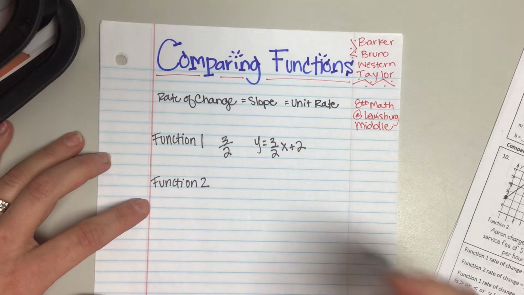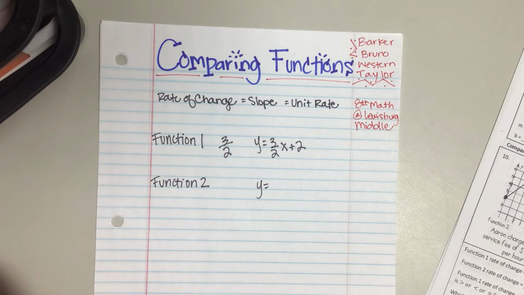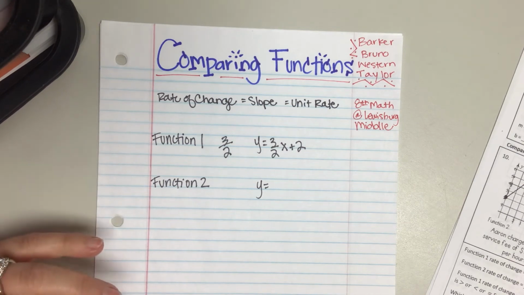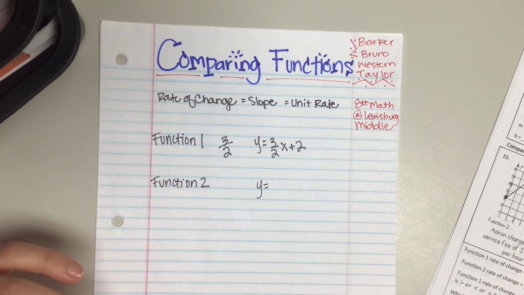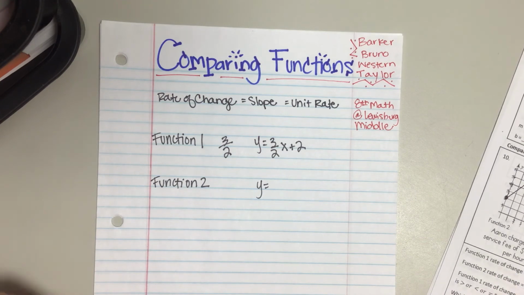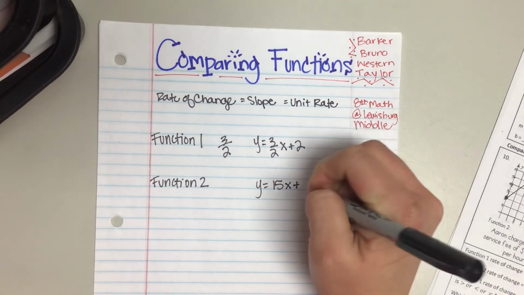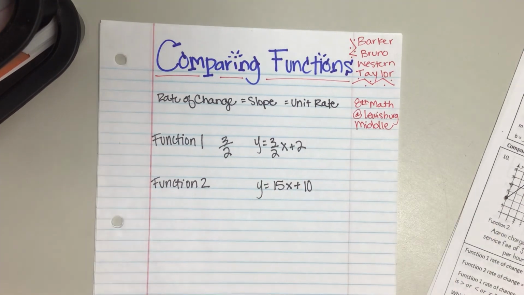So if we're setting up a y equals mx plus b, your starting fee, your initial value is always that b. So the rest of our problem says plus 15 per hour. That keyword per tells you that 15 is with your x spot. So 15x plus 10. So 10 is your initial value and 15 is your rate of change.